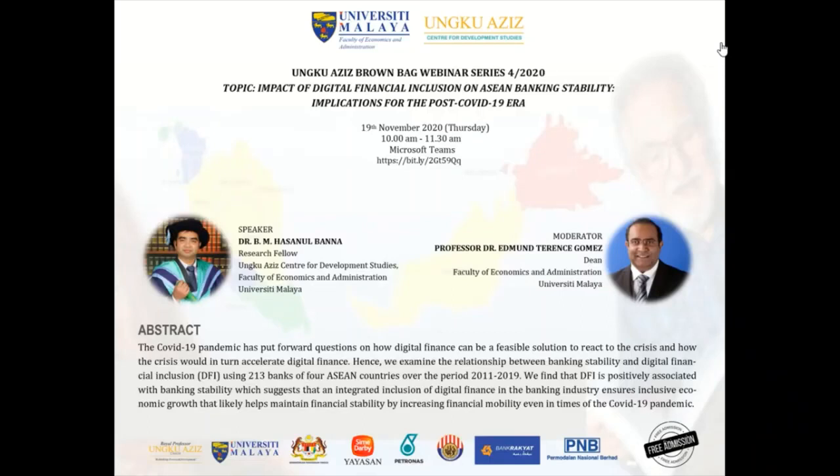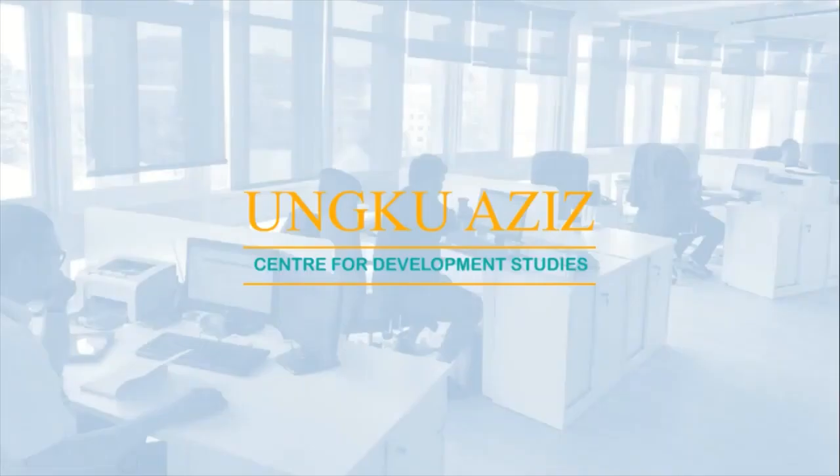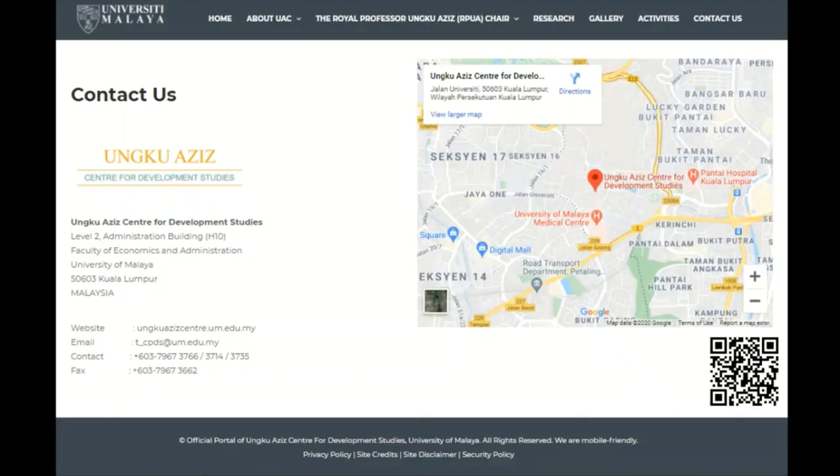The purpose of this chair is to promote the works of the Royal Professor Ungku Aziz in the field of education and economic development. As you all know, his focus has been specifically on rural development and poverty, core issues to the center.